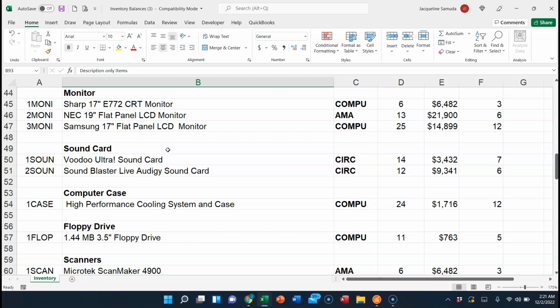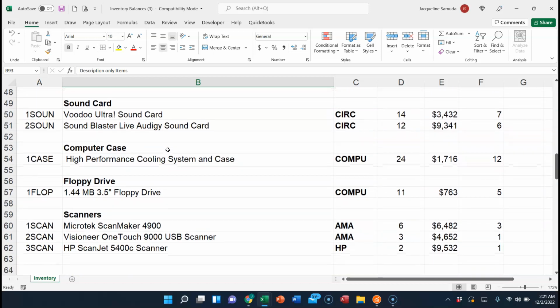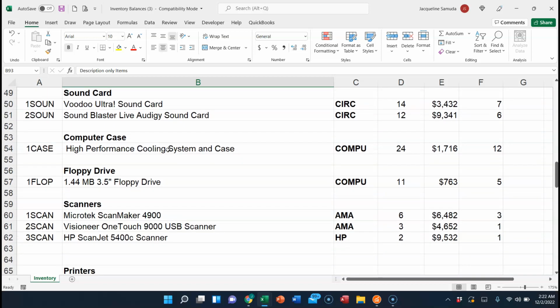Now, everything else, we can group them as peripherals. And I want you, when we're looking into the second video, to note how we're going to capture those 3 general ledger accounts. Okay? Good.